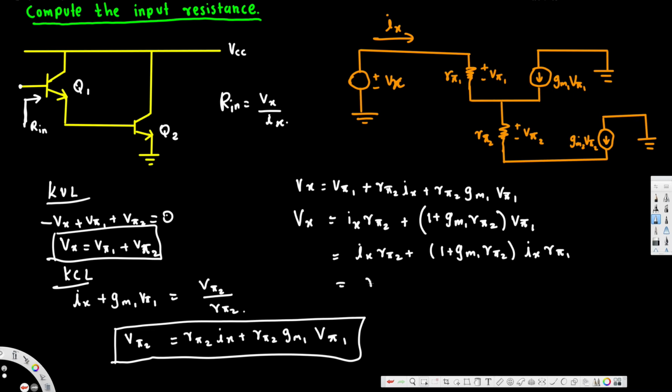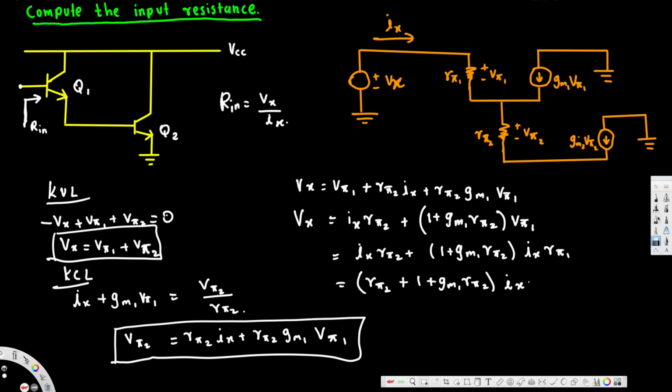So if you take Ix common, this one just R52, and then plus 1 plus gm1 R52 multiplied by R51.